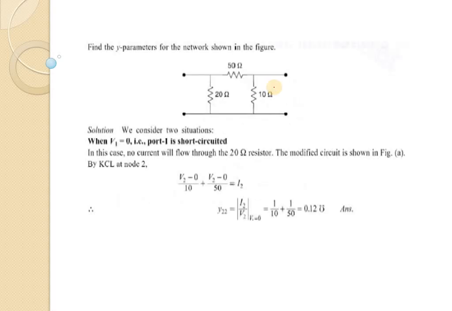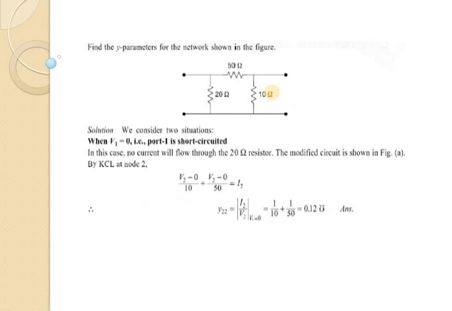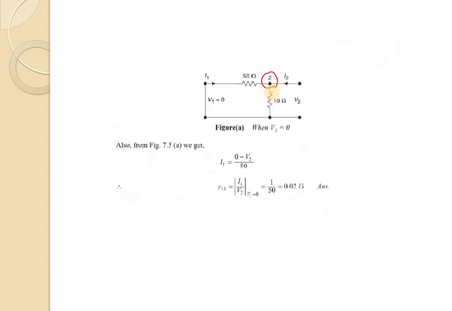And we are getting that V2 minus 0 by 10, this is the current through this branch, plus V2 minus 0 by 50, because here the voltage is 0, the path is shorted.